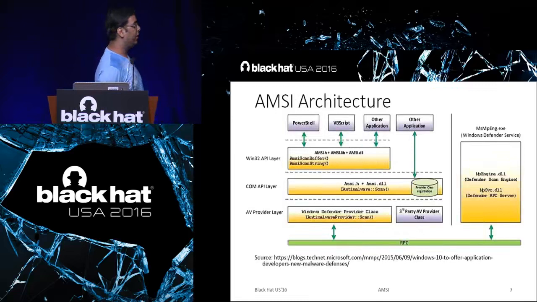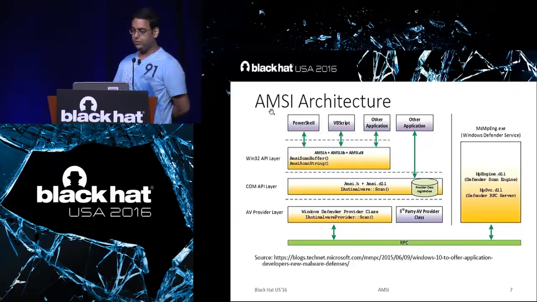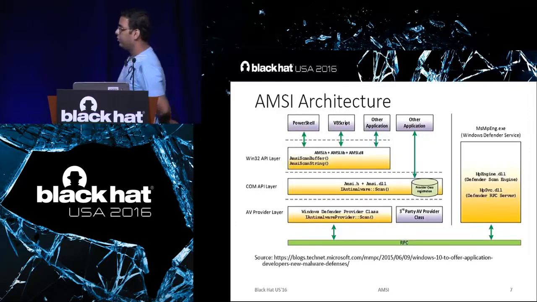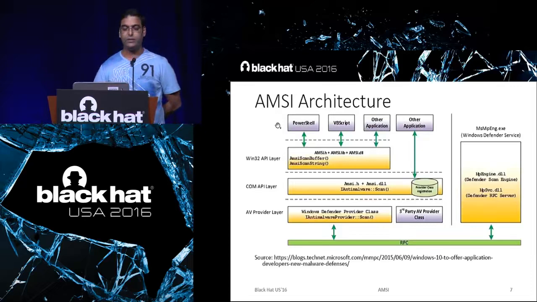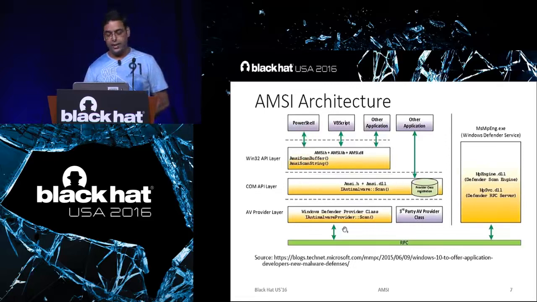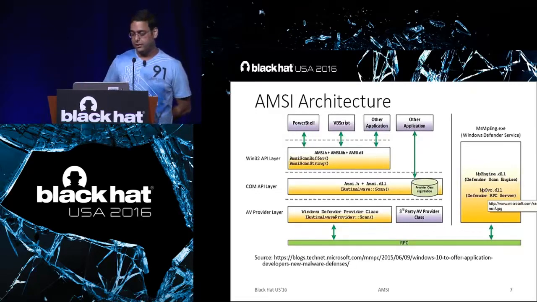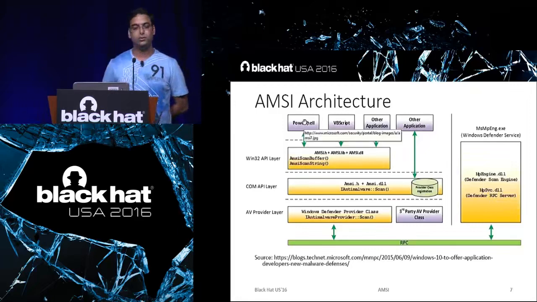So this is how AMSI's architecture looks. The only thing I want you to look at right now is this one, sourced from Microsoft, my bad. From PowerShell, if you try to execute a script or a command, this is the scripting engine of PowerShell, there are calls to the AMSI, and then whatever the endpoint security mechanism is can have a look at the unobfuscated script submitted by PowerShell's scripting host.